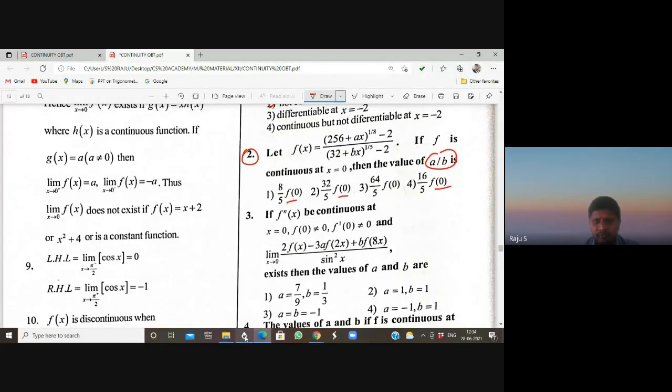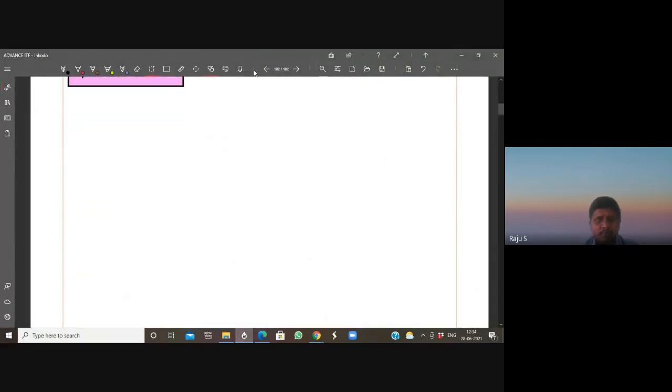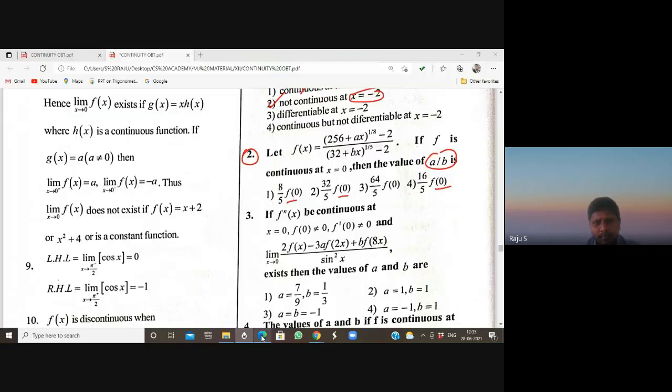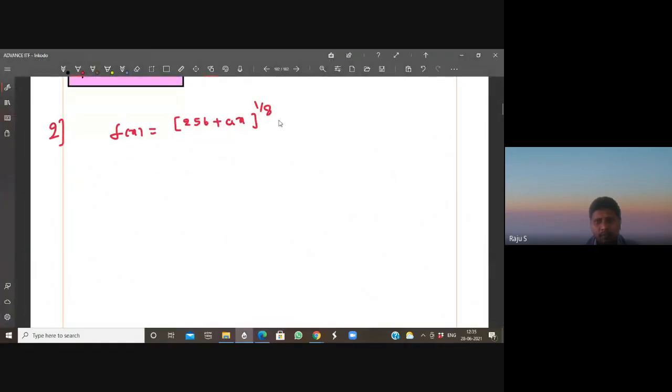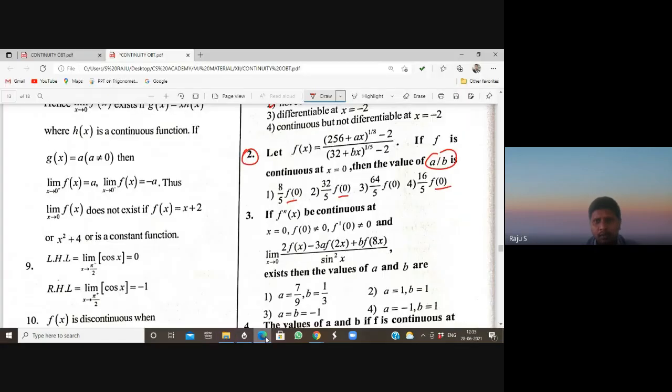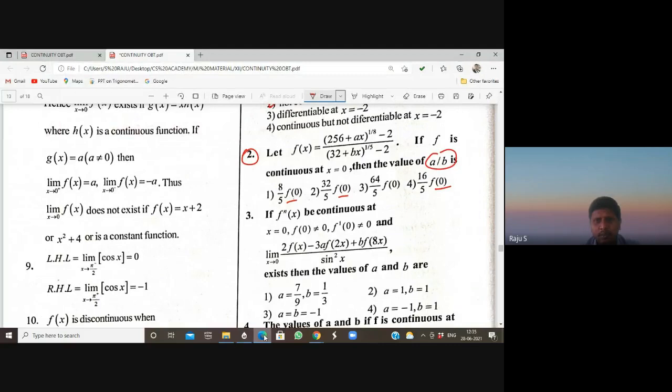Okay, first, can you tell me the function f of x, what is f of x they given, students? 256 plus ax whole to the power of 1 by 8, minus 2 by 32 whole to the power of 1 by 5.